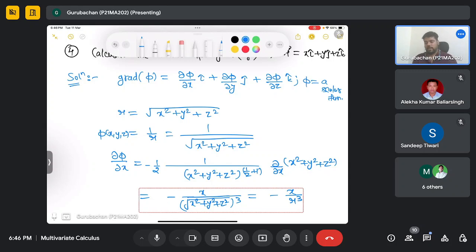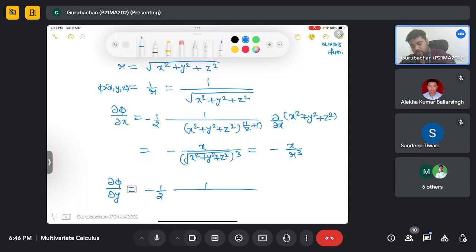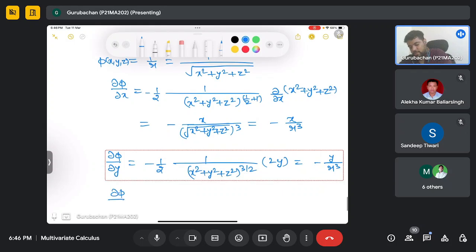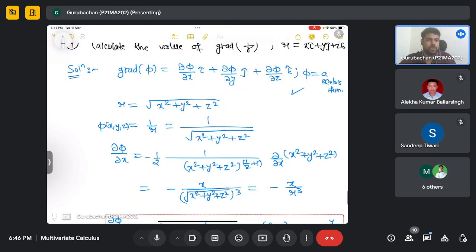Okay. In a similar fashion, you will calculate del phi over del y, which will again give us minus 1 by (x square plus y square plus z square) to the power 3 by 2 into 2y, which is nothing but minus y by r cube. And in a similar way, del phi by del z will give us minus z by r cube. Now we have to put all of these three values in the given definition of grad phi.